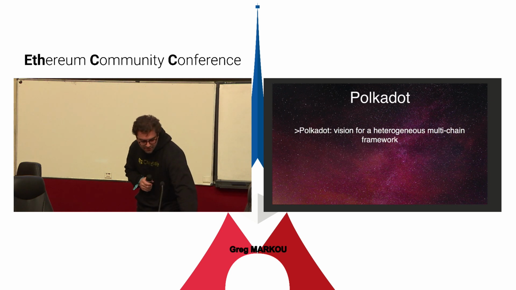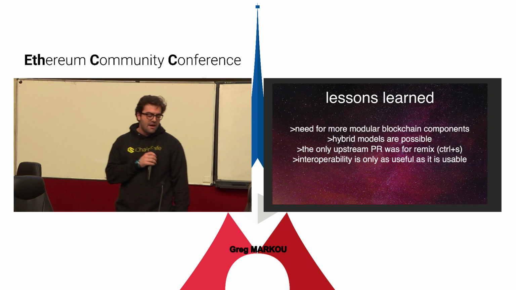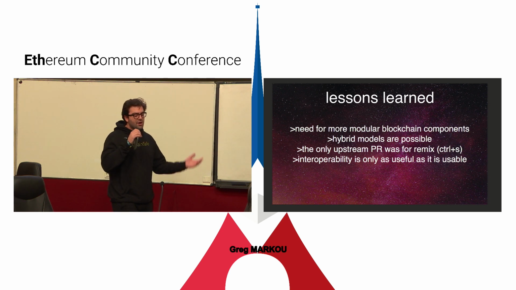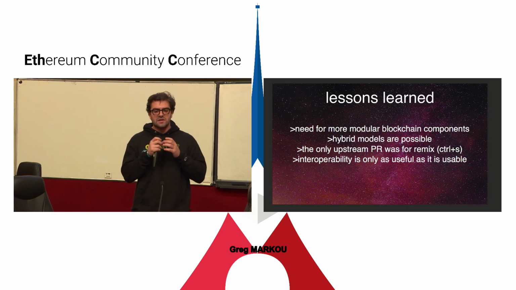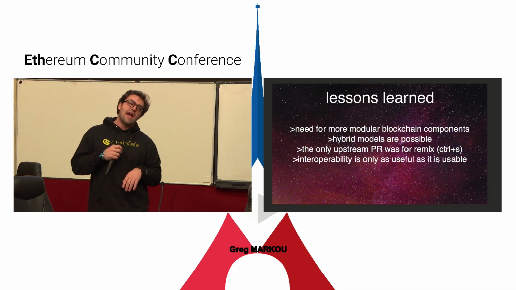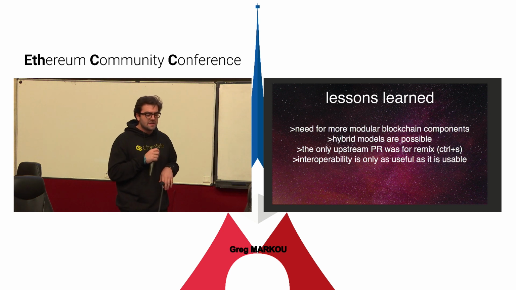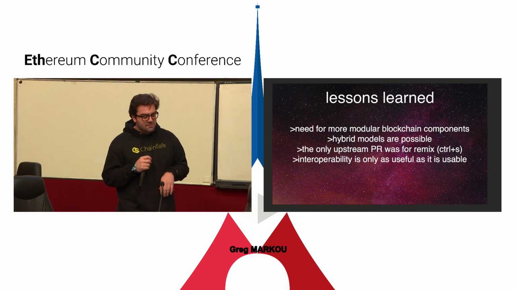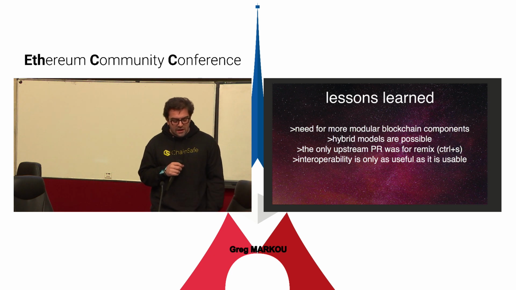All right, so lessons learned from that one. More modular blockchain components were really needed because of the modifications we had to do. The hybrid model was kind of possible, and we realized it actually can work, a hybrid consensus. And we did make some PRs, which was nice.